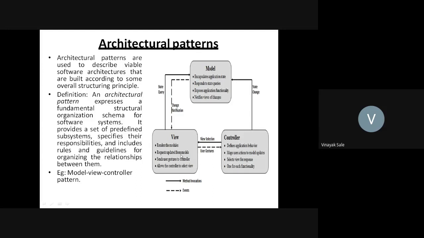In the view, it renders the models, requests updates from models, sends user gestures to the controller, and allows the controller to select the view. Similarly, the controller defines the application behavior, maps user actions to model updates, selects the view for a response, and has one for each functionality.